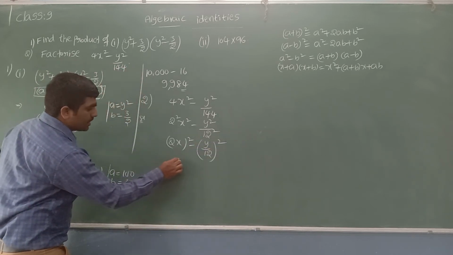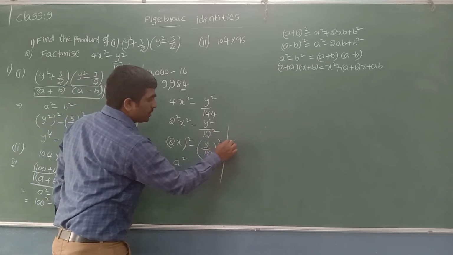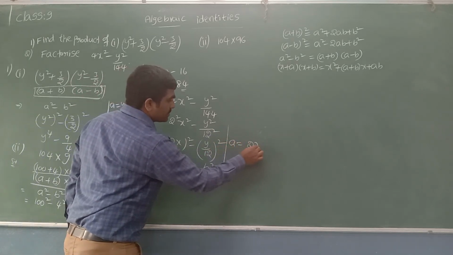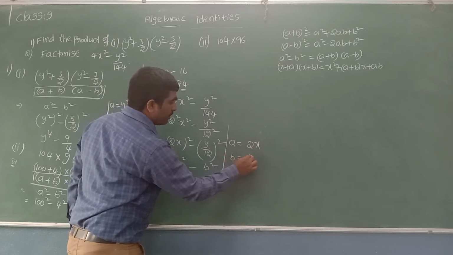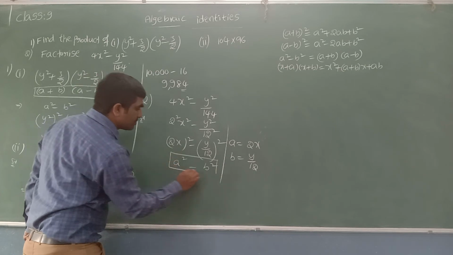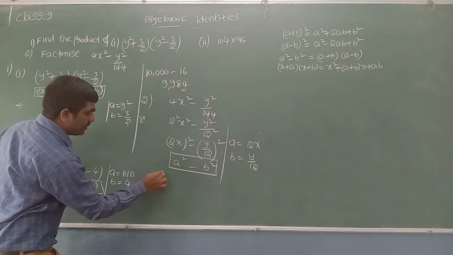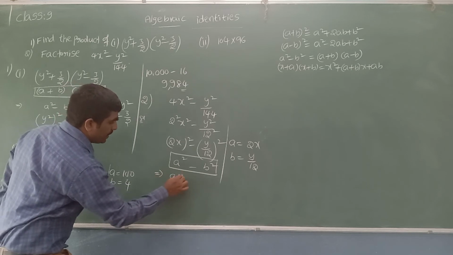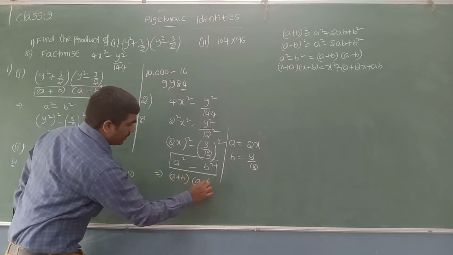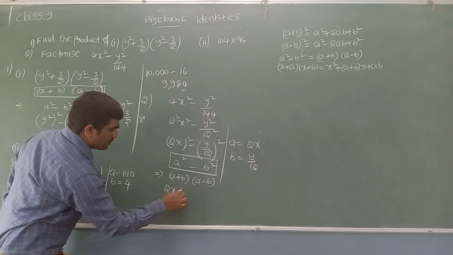Yes, it is in the form of a square minus b square, where I can see in the place of a, 2x, and in the place of b, y by 12. So when it is like a square minus b square, how can we expand? A plus b into a minus b. Yes, we can expand like a plus b into a minus b, where a is equal to 2x and b is equal to how much?